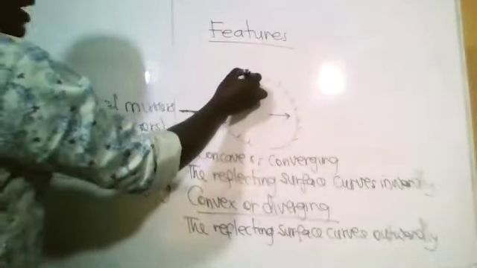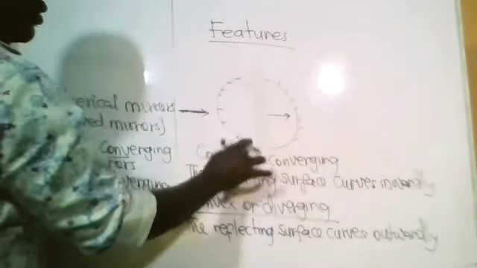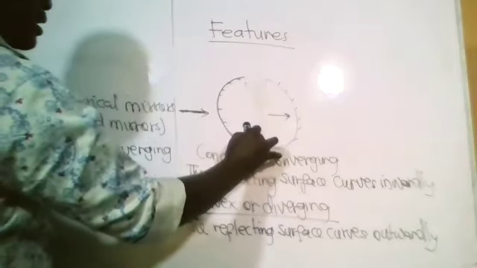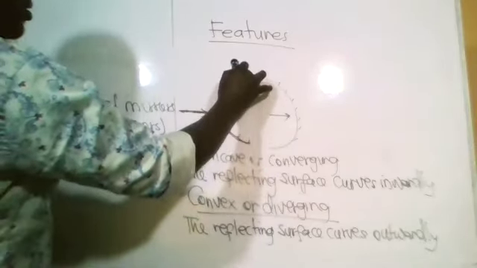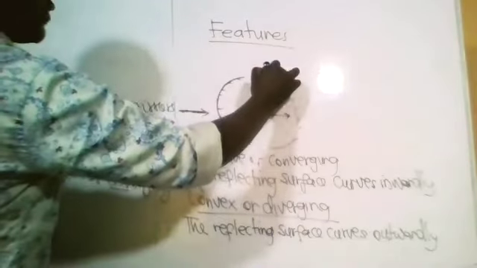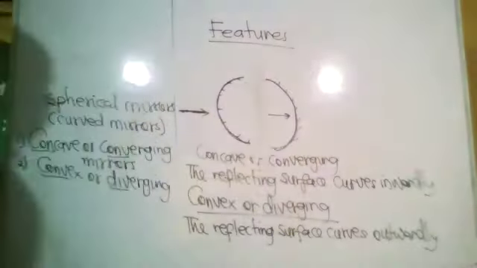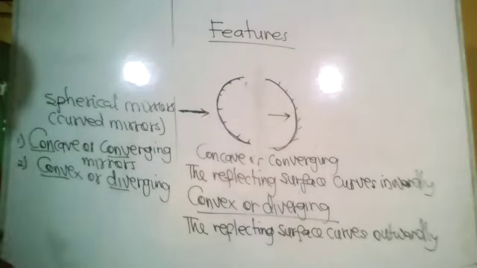So this reflecting part indicated by the arrow curves outwardly. Whereas in this one, the reflecting surface curves inwardly. These are their special features.